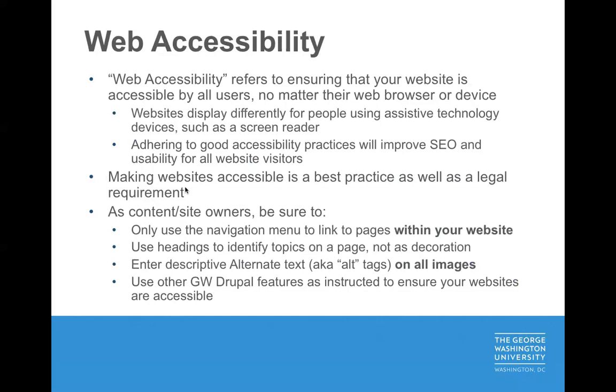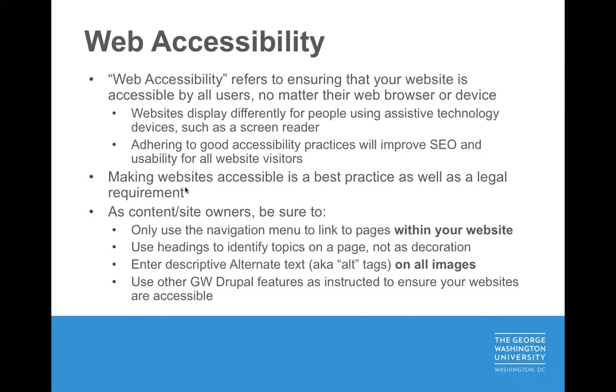So adhering to those good accessibility practices, it's not just good for making sure your website's accessible to everybody. It's also good for your search engine optimization, and it's just good practice all around. You always want to make sure that you're doing these things because you will find that it makes your website perform better in the long run. It's also a legal requirement, and you need to make sure, especially in the higher education industry, that you are making sure that your content is accessible.